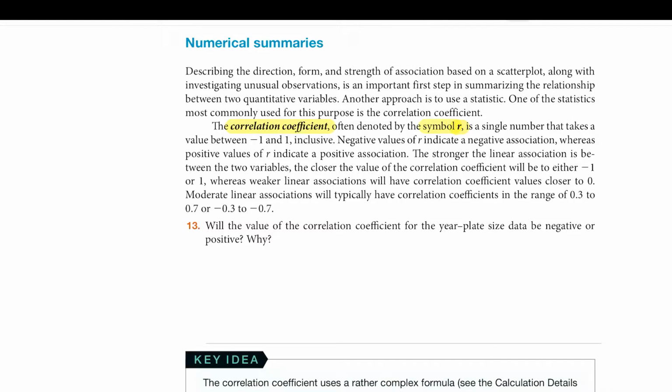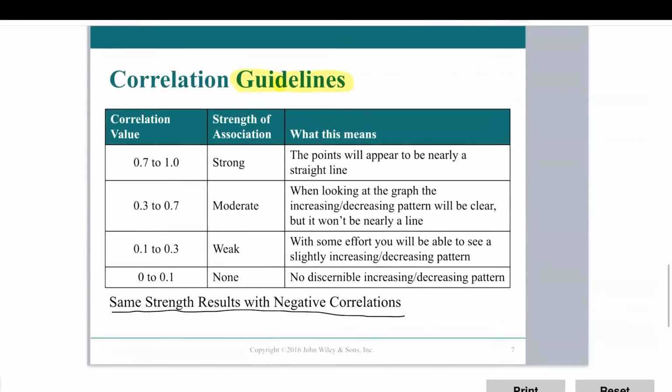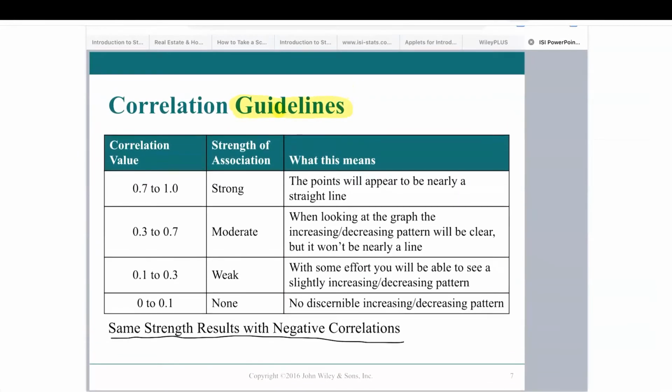Now, the correlation coefficient measures the strength of a linear relationship between two quantitative variables, and it also indicates direction. So if the value of r, the correlation, is negative, then the direction of the association is negative. And if r is positive, then the direction of the association is positive.